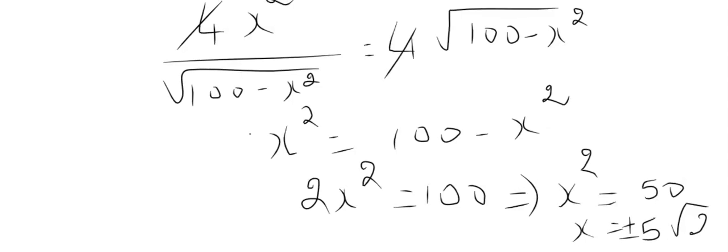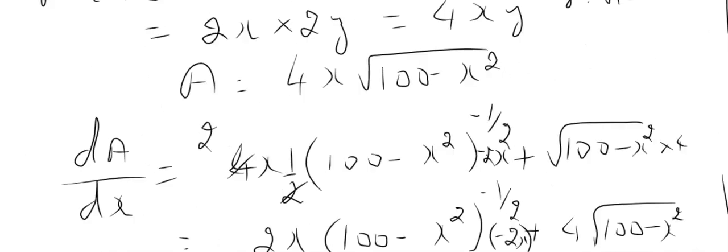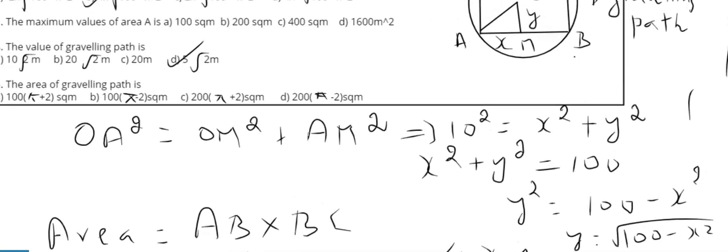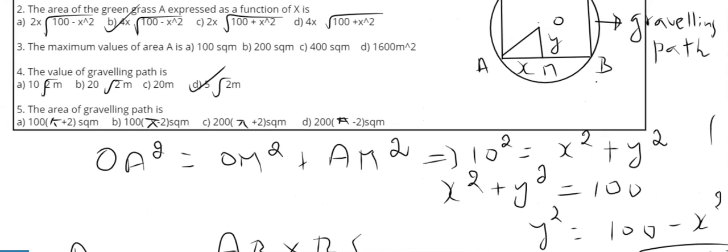So x is equal to 5 root 2, therefore 2x will be equal to 10 root 2. So option A is correct, not option D. Option A is correct.